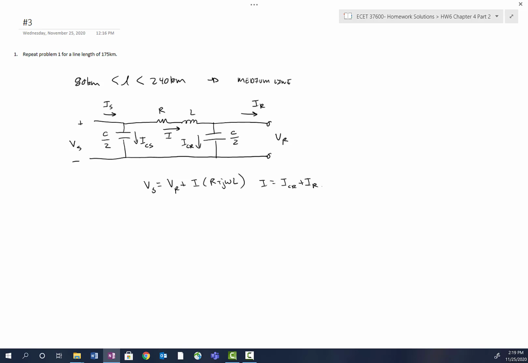So that gives us the sending end voltage. And if we need to calculate the sending end current, it's I plus ICS. Now, this problem didn't ask that, but I just thought I would point out that there is a KCL action happening at that node right there.